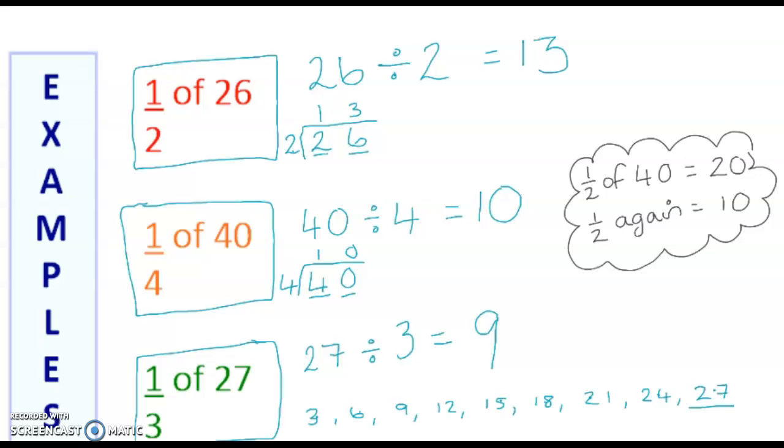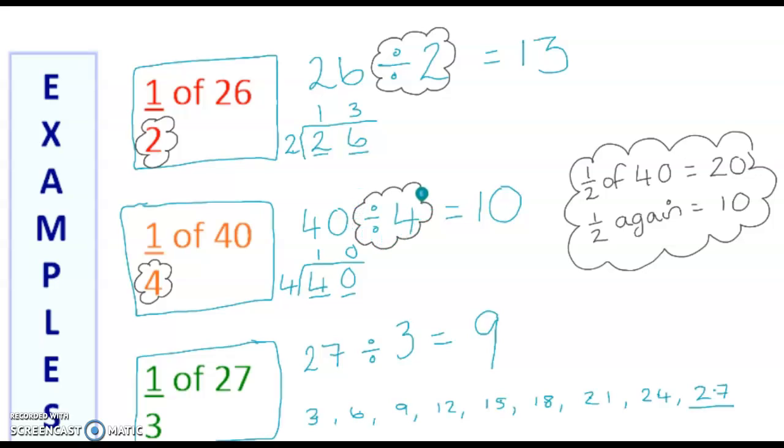Before I set you off on the task, I just want to see if you can spot what I've done for each question. To find a half, I divided by 2. To find a quarter, I divided by 4.